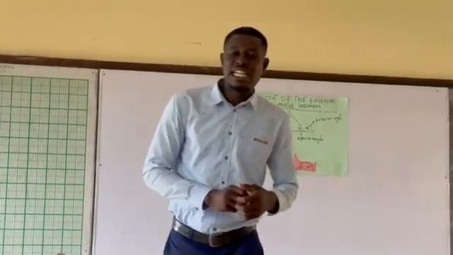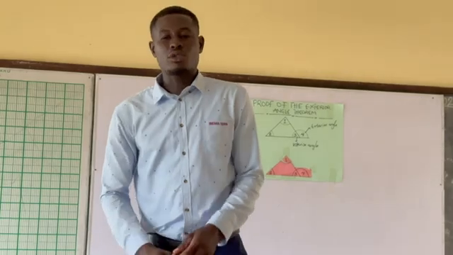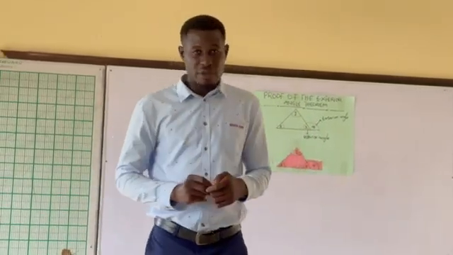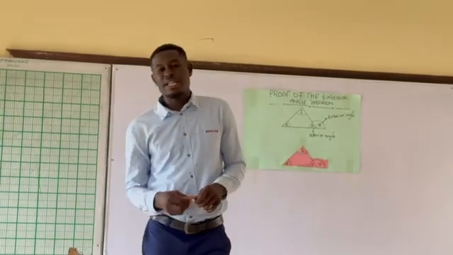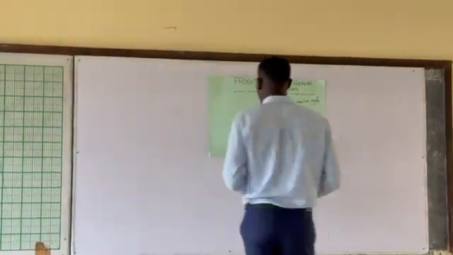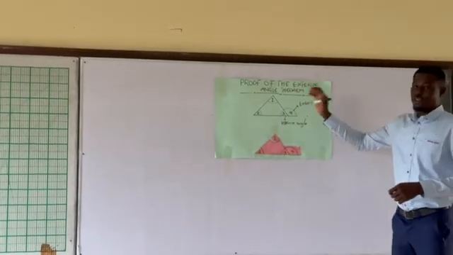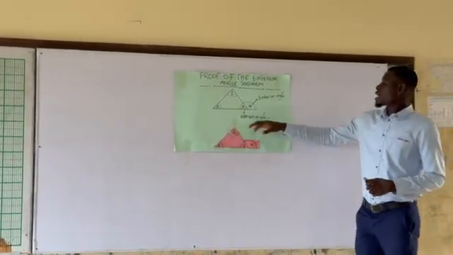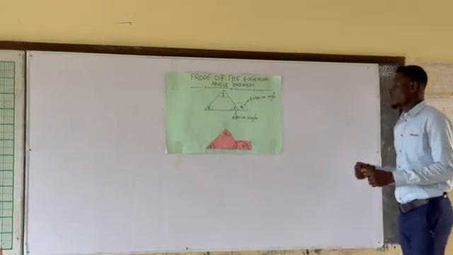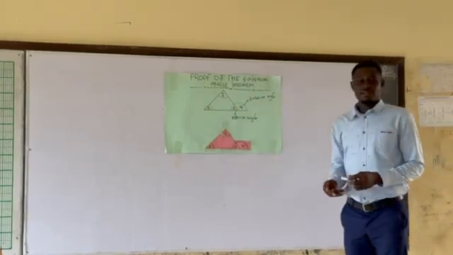In our previous lesson, we talked about interior and exterior angle properties of a triangle. So we have an illustration on the board, which is a triangle. With the triangle we have on the board, we have various angles formed within and outside the triangle.